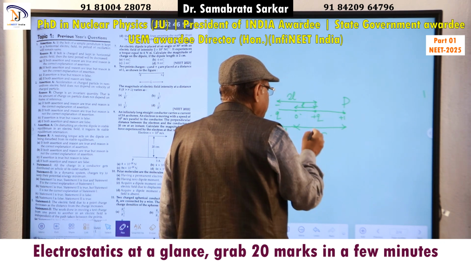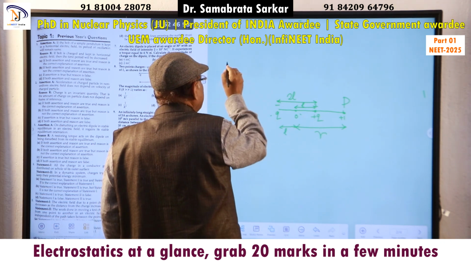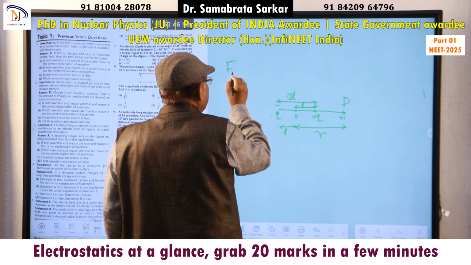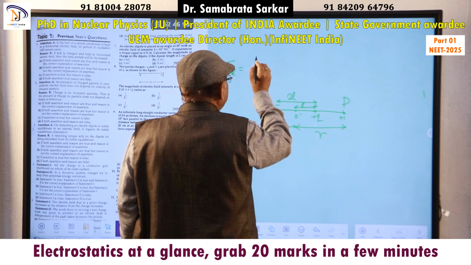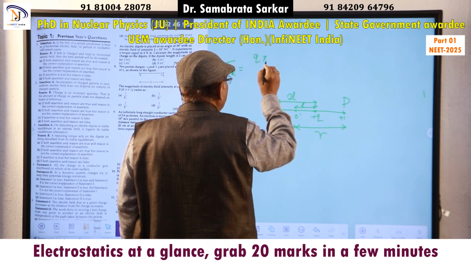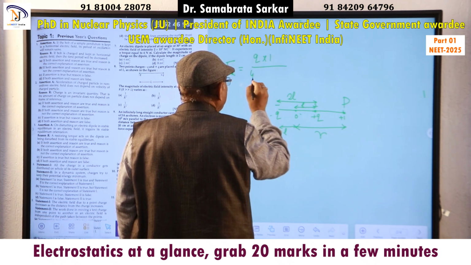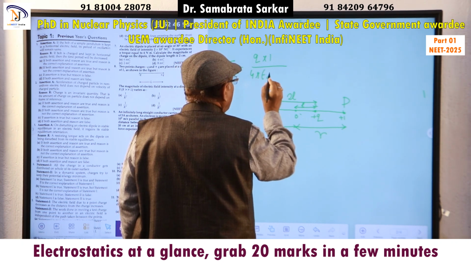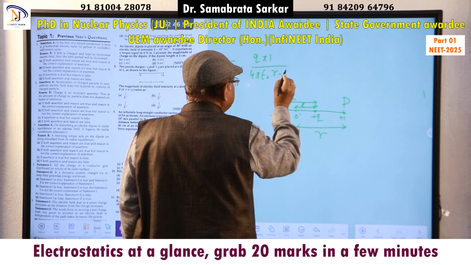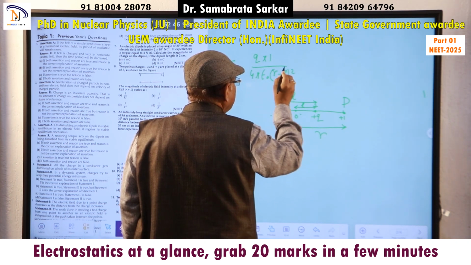If repulsive, it equals Q into 1 by 4 pi epsilon naught (R minus L) whole square.